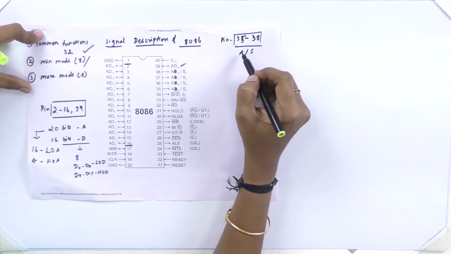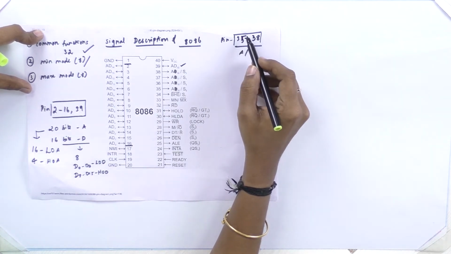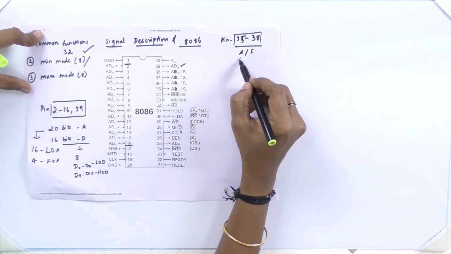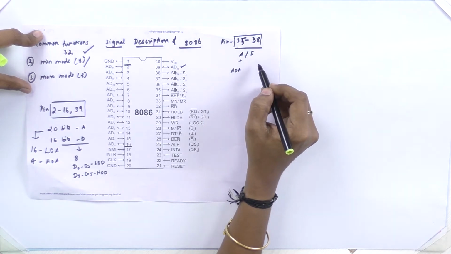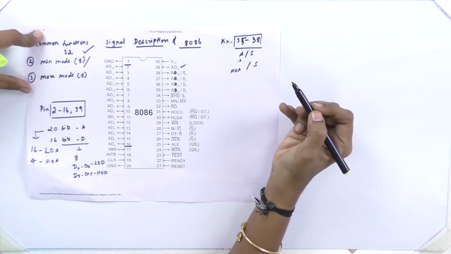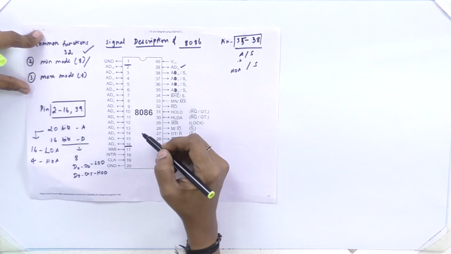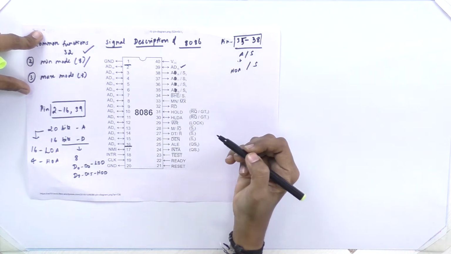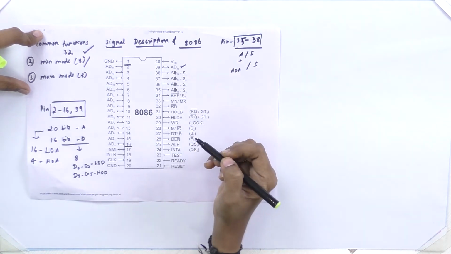It means that during the first clock cycle, these pins will act as address bus, that is they are used to carry the higher order address bits, and in the remaining clock cycles they will act as status pins. These status pins are used to refer to various operations executed by the 8086 processor such as opcode fetch, read function, write function, halt, etc.